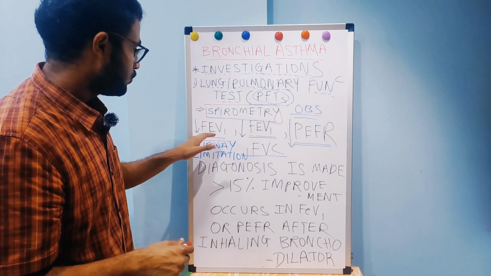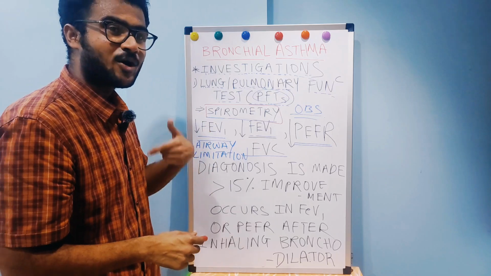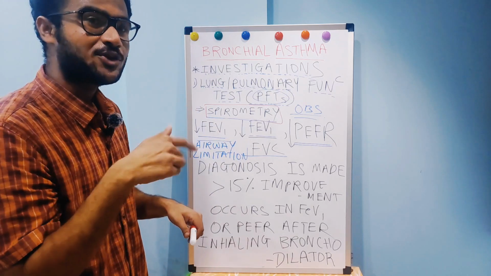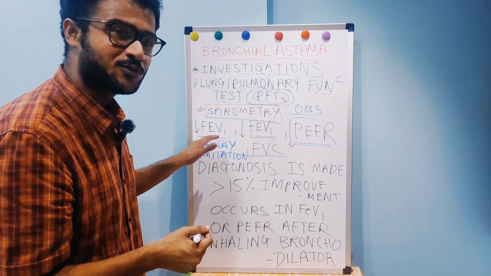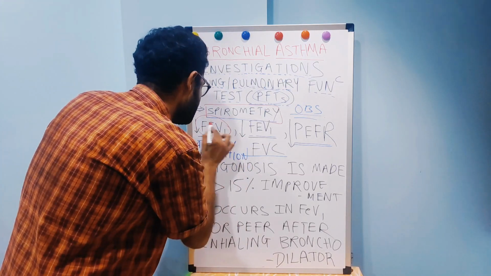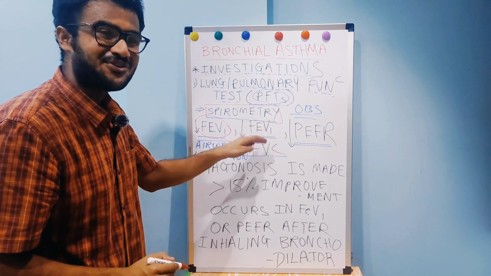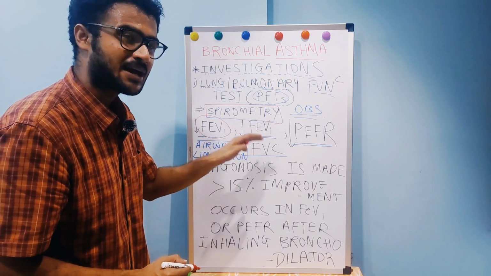Forced expiratory volume 1 is the maximum amount of air you exhale forcefully during the first second. So that is FEV1. Then FEV1 by FVC, forced expiratory volume 1 upon forced vital capacity.